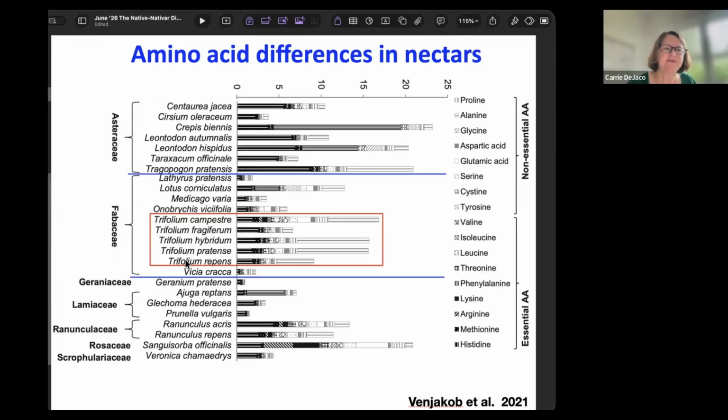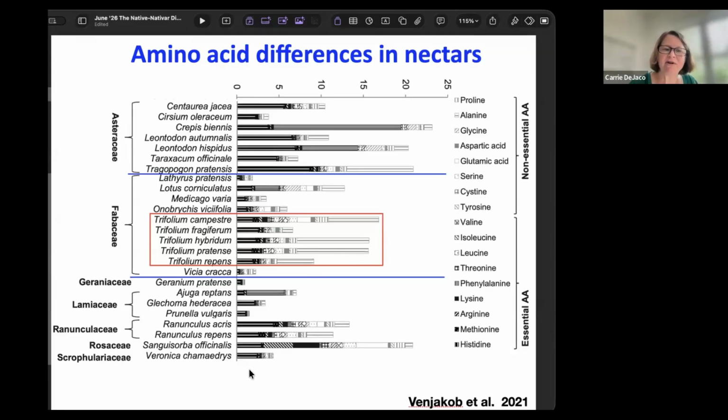We've got 1, 2, 3, 4, 5 different species of clover here that we're looking at. Just within this one genus, all of these species of clover also have quite different representations of these varying amino acids within their nectar. So it really does matter whether we are using plants that are native to an area or not native to an area.